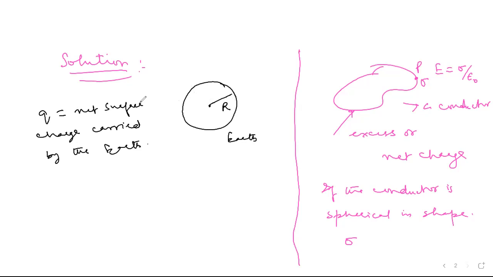Now it is given that the magnitude of the electric field above the surface of the Earth is 150 Newton per coulomb.